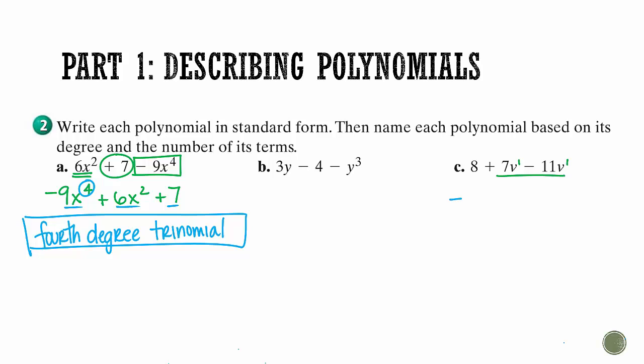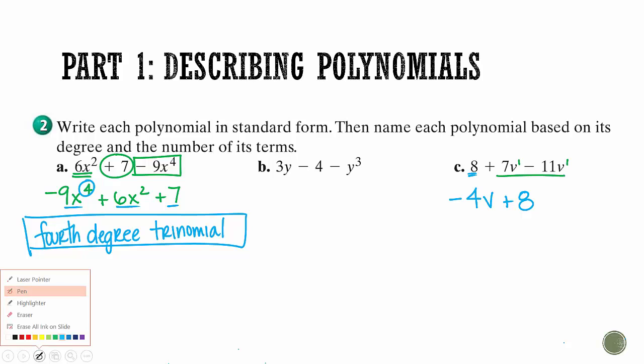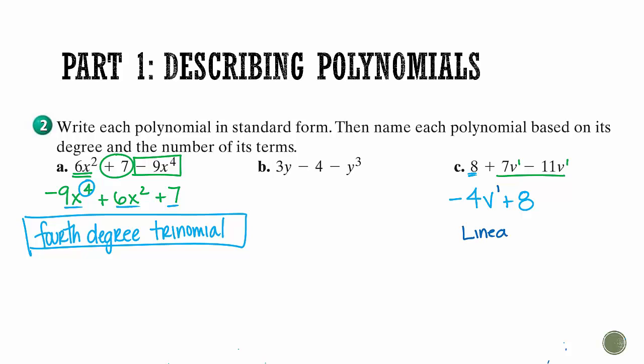So 7 minus 11 is negative 4v, and then we have just this plus 8 hanging out. So once we have that, then we can name it based on its degree, which is 1 here, so linear. And the number of terms, we got 2, so binomial. I'm going to save this one for your can you prove it.